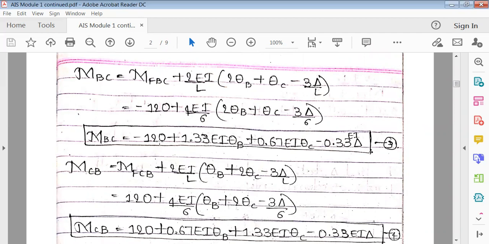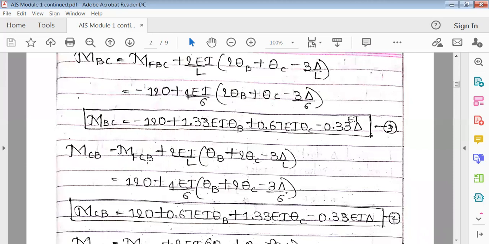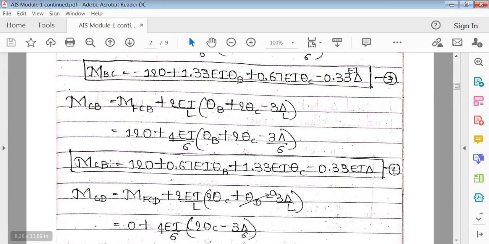Then the 120 has to be on the other side. Anyhow, when we're calculating, you can transfer that. Then MCB is equal to MFCB plus 2EI by L, theta B, because C is the first term, so 2 times theta C minus 3 delta by L. Okay, so you get the value MCB, equation number 4.